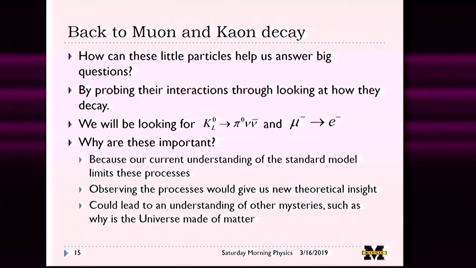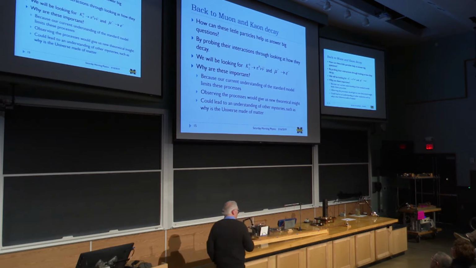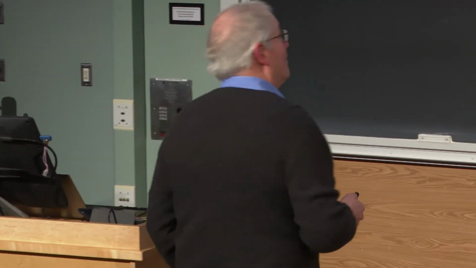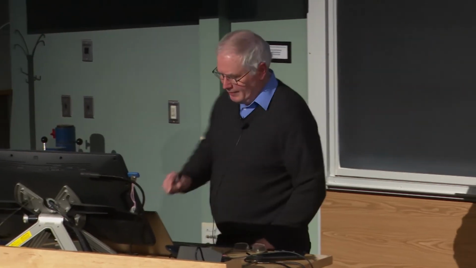What we're looking for is a kaon going to a pi 0 and 2 neutrinos, and the muon just turning into an electron. Why are these important? Because in our current understanding of physics, these processes can't happen, or can happen at a very low rate. And if we see them at a higher rate than is predicted, there must be something else in our models.